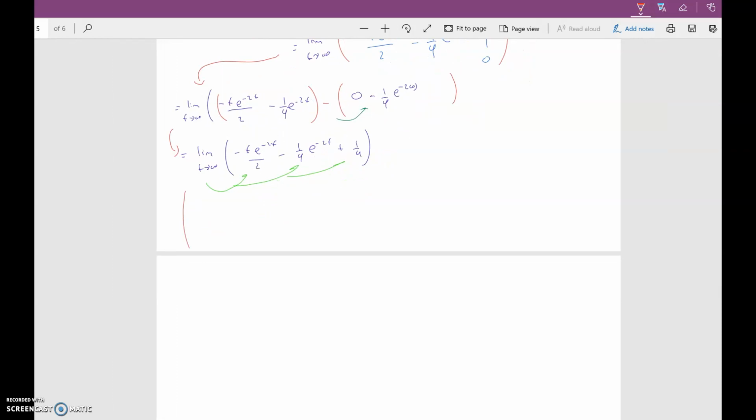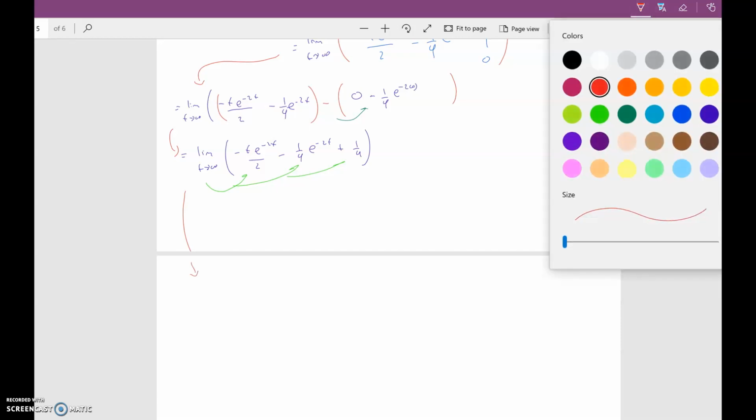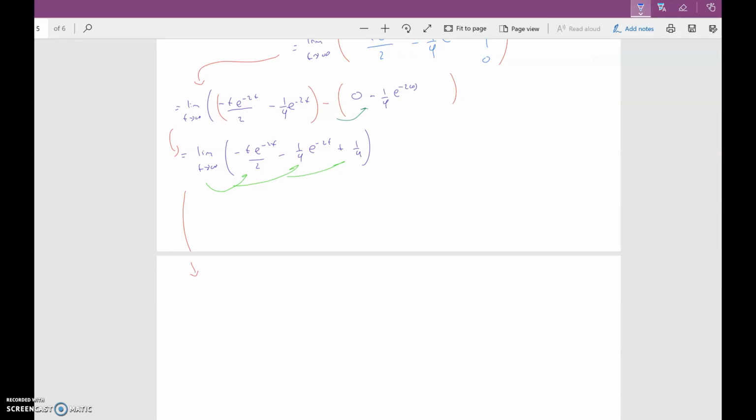So we're actually looking at the actual limit as t approaches infinity of negative t, and let me express this as e to the 2t because we're going to have a minor problem here.